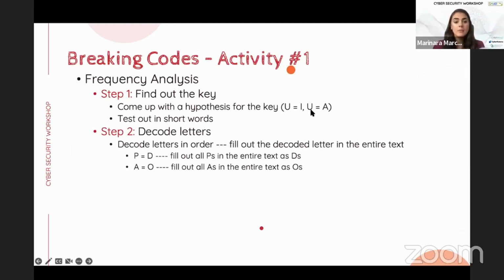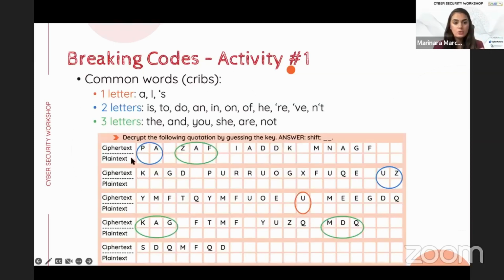And then basically here we can decode the other letters, the shorter words. Fill out the decoded letter in the entire text, so decode letters in order. So say, if you see other U's in the text, you could put there an I and see if that would work, right? And then we can try the P and A, which are the first 2 there, right?